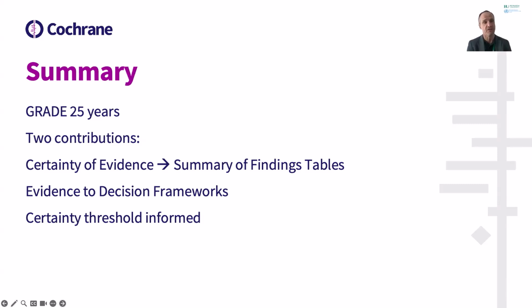Our two key contributions, which are the certainty of evidence assessment and the summary of findings tables, where we assess the certainty and an intervention effect. And by certainty, we mean whether or not an effect falls within a particular range or across a threshold, below or above a threshold, based on the domain's risk of bias, indirectness, imprecision, inconsistency, dissemination bias, and eventual upgrading domains, and how this makes it into a summary of findings table. I've mentioned that this is done for making decisions or supporting decisions, otherwise no sense in doing a review, and how the thresholds inform our certainty ratings.